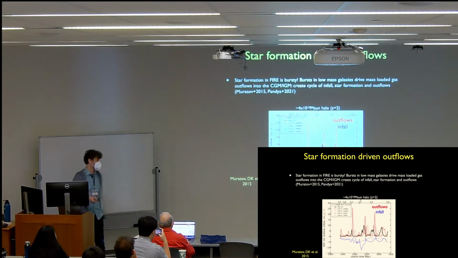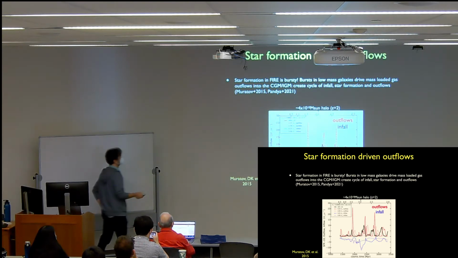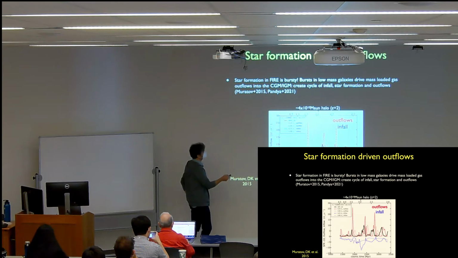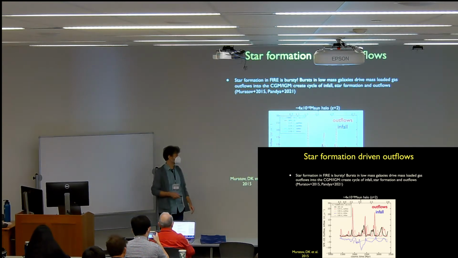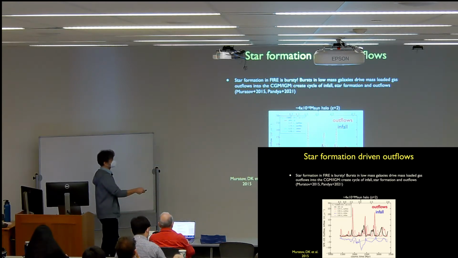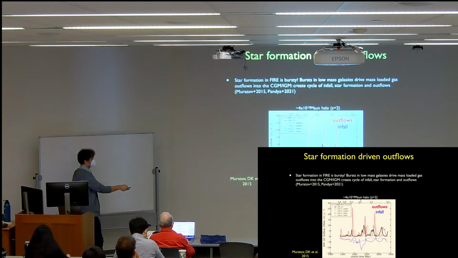That's the black line, and it then produces strong outflows. That's the red line, from the galaxy and even from the halo, which is a little lower. So early galaxies are really chaotic and bursty, popping their stars and then kicking material out pretty rapidly. And this is the key to how you lower their mass.